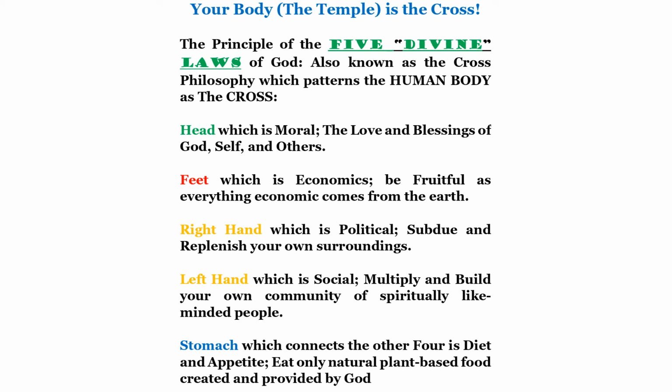Now we're decoding that message and getting more meaning out of it. So I want you to spend some time figuring out what exactly is being said in the cross philosophy, the 5 divine laws, and know that you are the cross.